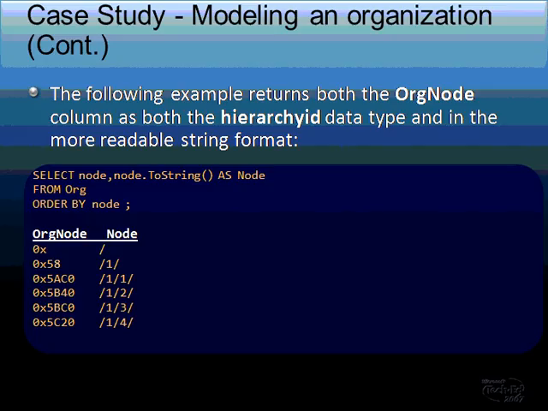It will give you a string format of the hierarchical path, what that looks like. We use the slash as a separator, so as you can see, you can just use ToString. It will give you back the readable string format information, and you'll have a good idea of what the tree looks like, what each node looks like, in the hierarchical tree.